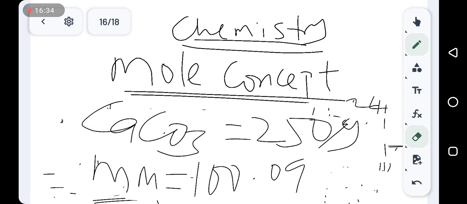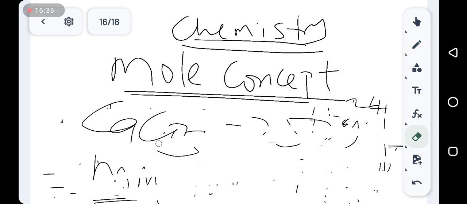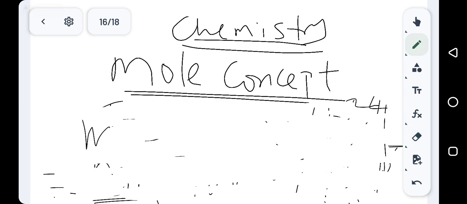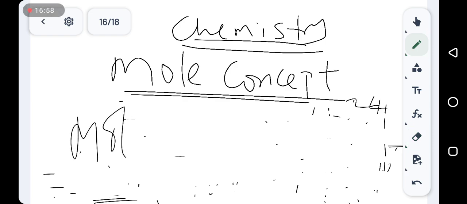Now I gave you another formula: the number of moles can be calculated when we have the mass, and the formula to use is that number of moles is equal to mass over molar mass.